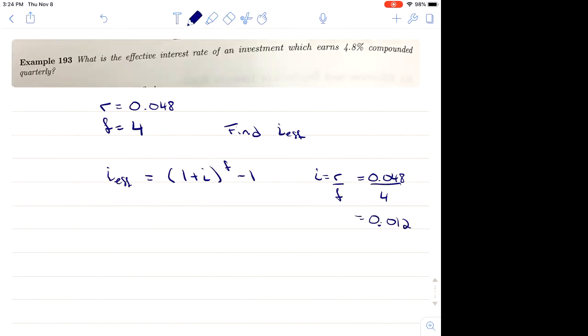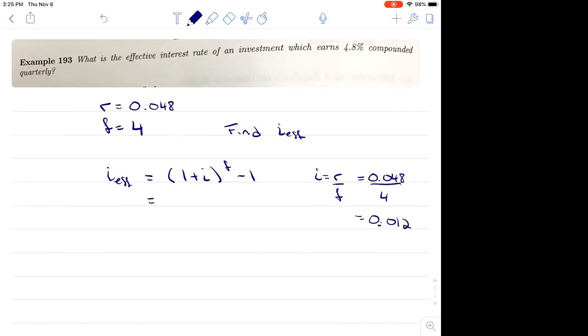Or if you want to start putting it into the formula, just rewriting I as R over F and then plugging it in, that's fine by me. You just don't want to forget anything. Often I like to do stuff on the side, but sometimes I get lazy and just plug it in. It's up to you.